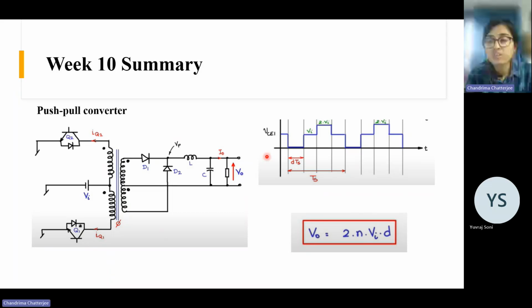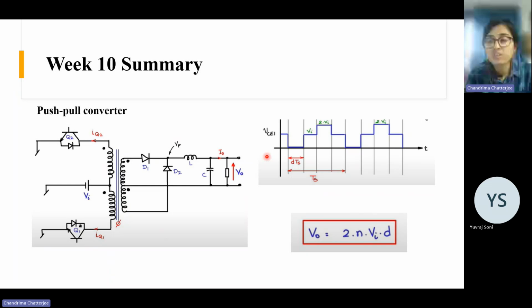Yeah, so I was discussing the voltage across the device. You have an approach to draw the voltage across Q2. It will be the same, just phase shifted. When Q1 is on, the voltage across it is 0, and when both are off, each switch has to block a voltage equal to the input voltage.